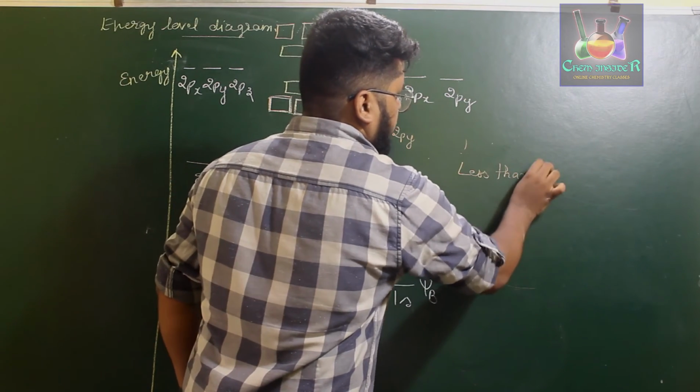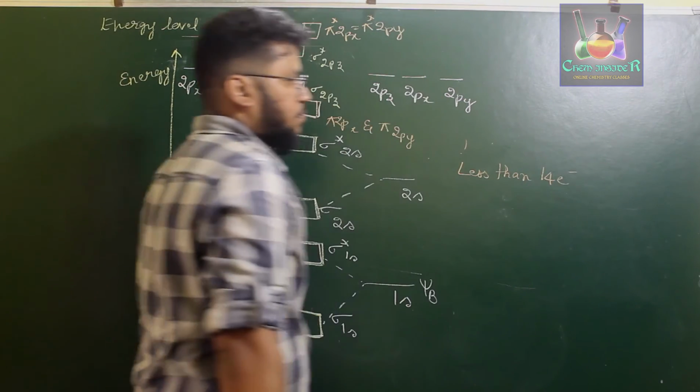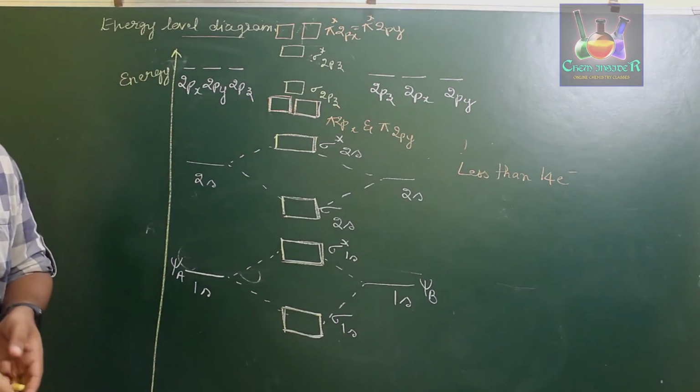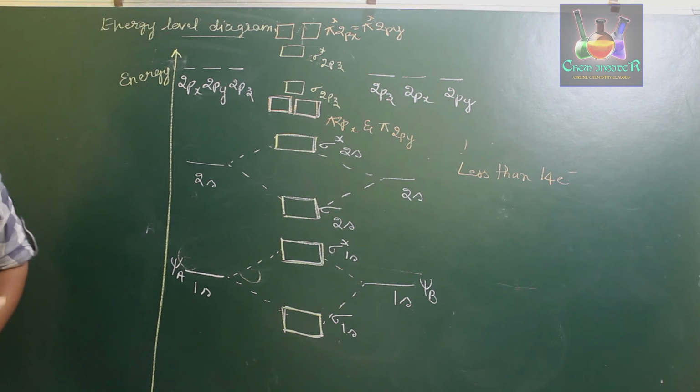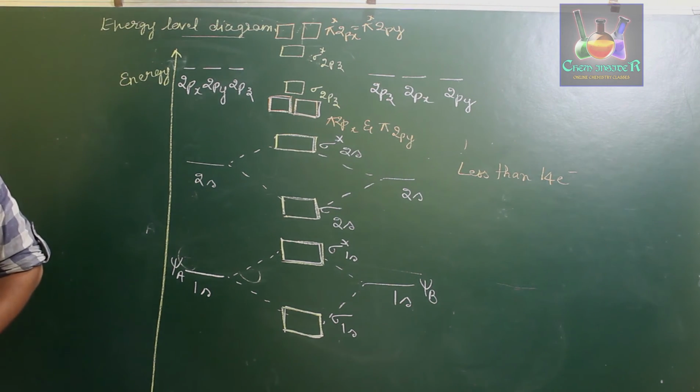Less than 14 electrons present in the molecule, for example diatomic molecules of lithium, beryllium, boron, carbon, nitrogen.